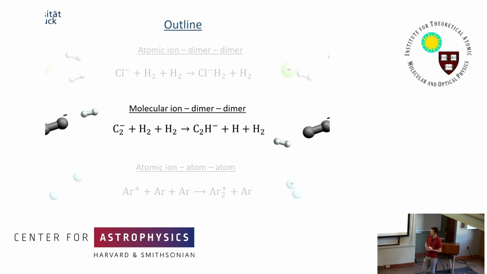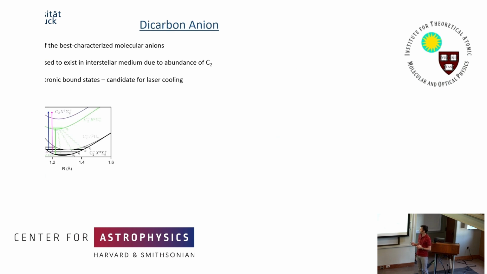Now I'll talk about C2 minus, a molecular ion. C2 minus is in itself already interesting. It's one of the best characterized molecular anions. It's proposed to exist in the interstellar medium because there's a lot of C2 around. And it actually has 3 electronic bound states, which is rare for an anion.